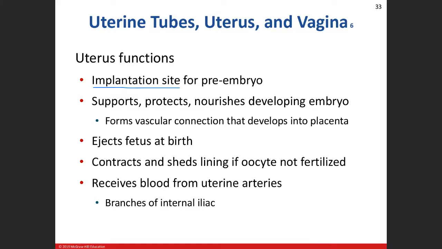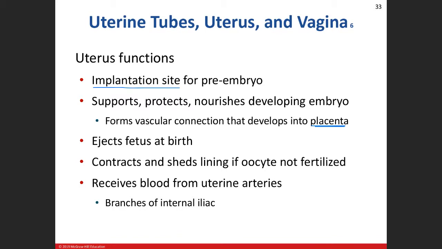So we are going to do some major renovations in this region and eventually develop that placenta, and we'll talk about that in chapter 29 when we get into development, which is going to house the embryo, the fetus.